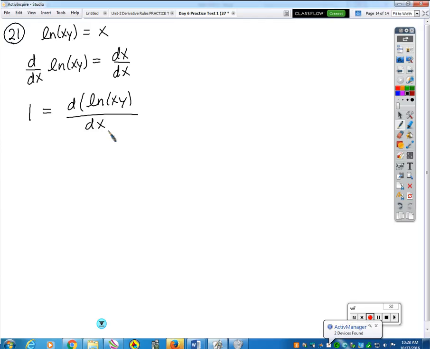Good so far. Now what do I do? Go Deborah. So it's going to be 1 equals 1 over xy, and then it's going to be the d of xy over dx. Nice. Perfect. What else?